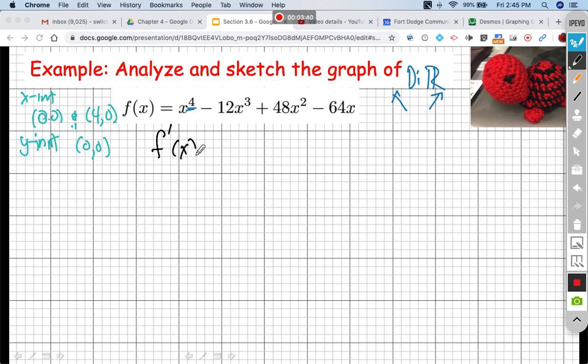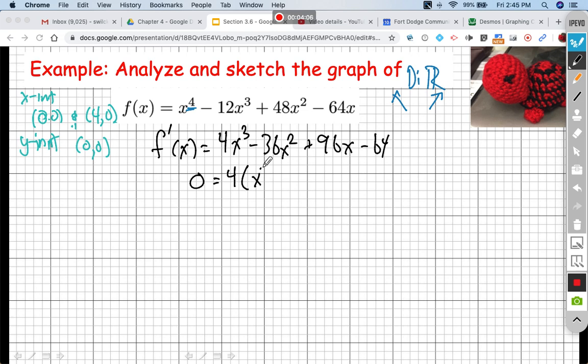First derivative: 4x to the third. 3 times 12 is 36x squared. 2 times 48 is 96x. Now, where are our possible critical points? Again, I look, these are all multiples of 4.